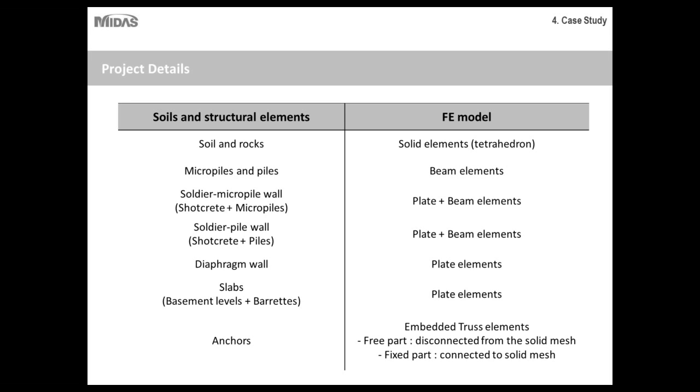For diaphragm walls, we used plate elements, and plate elements were also used for simulating slabs. And for anchors, we used embedded truss members. For the free part or unbonded anchors, we disconnected them from the solid mesh, and for fixed or bonded anchors, we connected them to the solid mesh, ensuring the nodal connectivity.